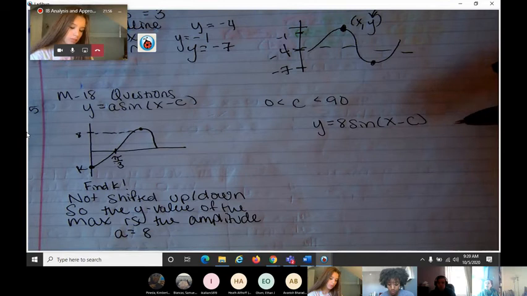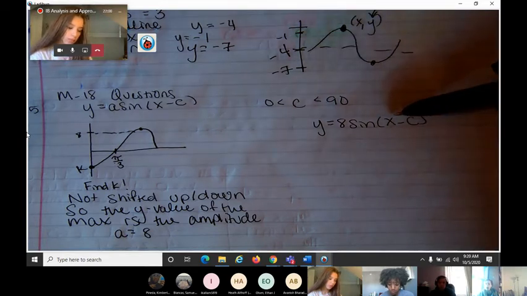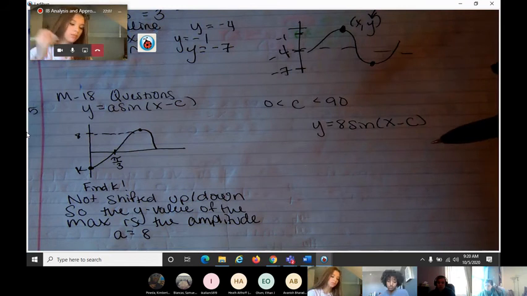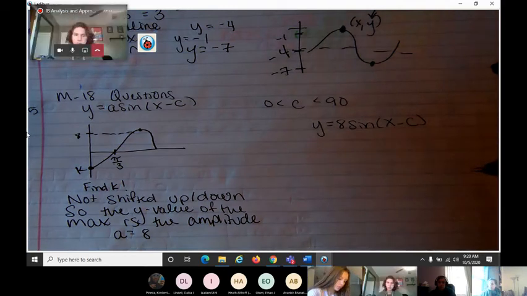So the only other two variables in the equation are x and y. What information do we have on our graph that we could sub in for those x and y values? There's a 0 at pi over 3. Yeah, exactly.